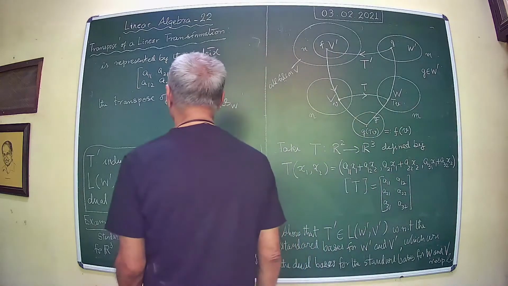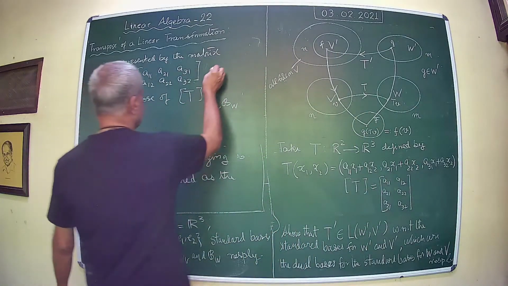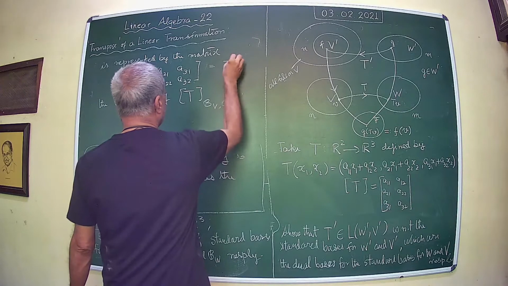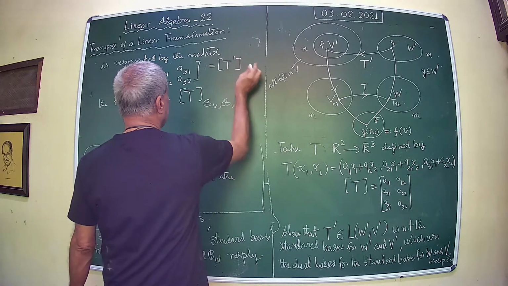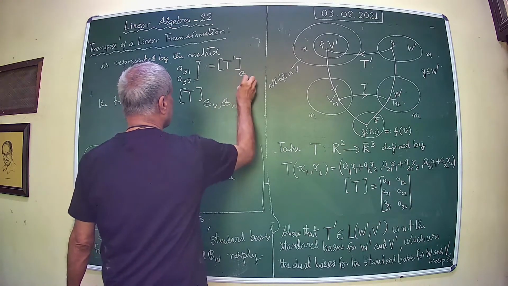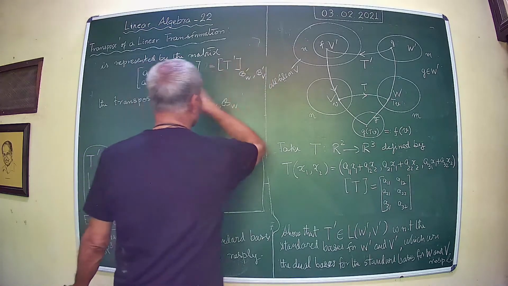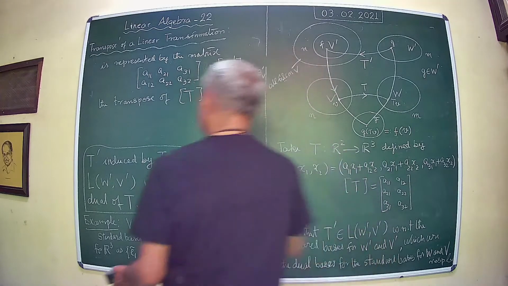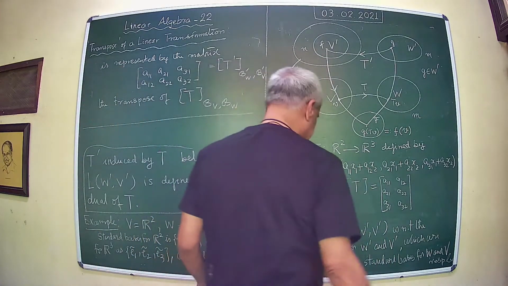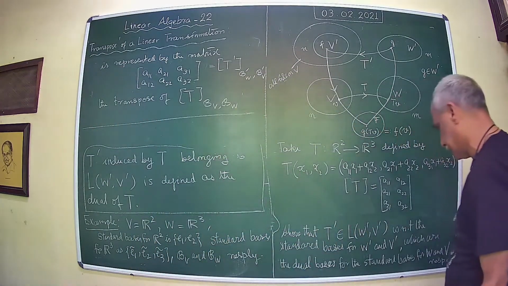Okay, now this is essentially P prime, the matrix of P prime, and the important aspect is that we are using the dual basis.